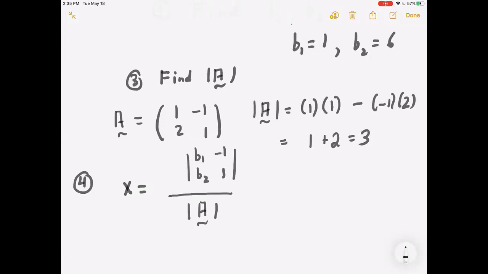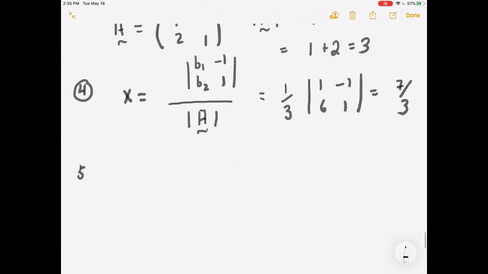So since you already know the determinant of the coefficient matrix, you can write that down. And B1 and B2, you know what they are. So all you have to do is evaluate that determinant. I leave it up to you to show that that is, in fact, 7/3. And last step, what is y? Same process.